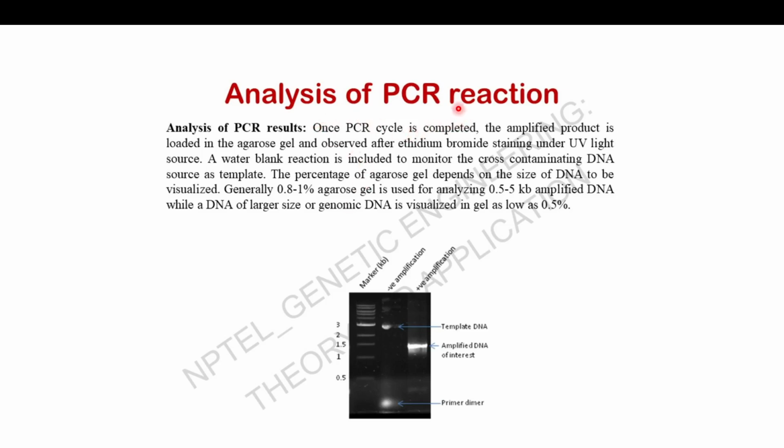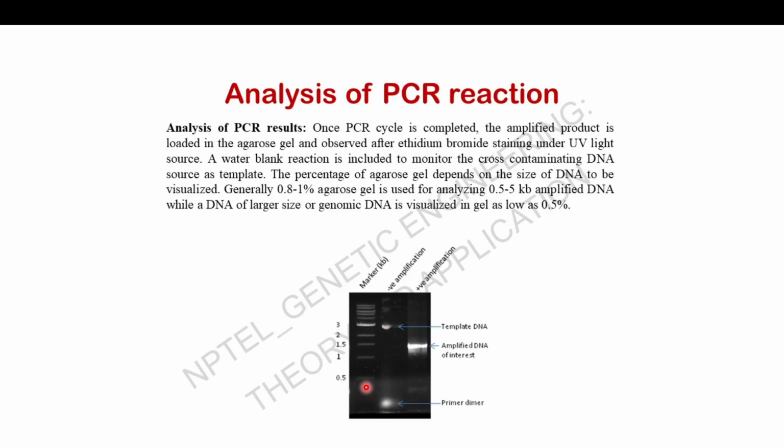I talked about agarose gels earlier. Okay, so this is your template DNA, which is very heavy. An amplified DNA of interest will be a certain region in the template DNA, which will definitely have a lower stretch of nucleotides. Here, we should always be running a reference, which we call a ladder or marker.